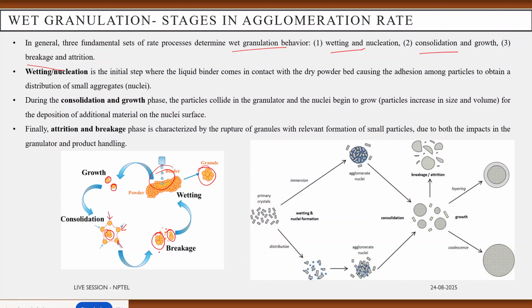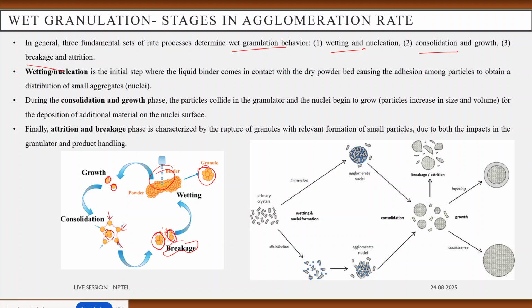Finally they enter the stage of attrition and breakage, where there is rupture of the granules with formation of relatively smaller particles due to the impact forces of the granulator, and also any kind of product handling. They break down into smaller particles.